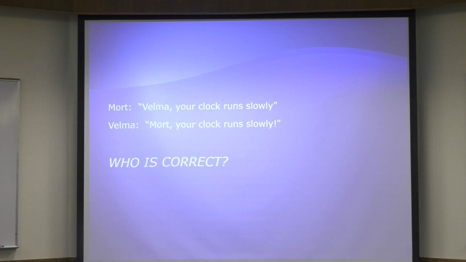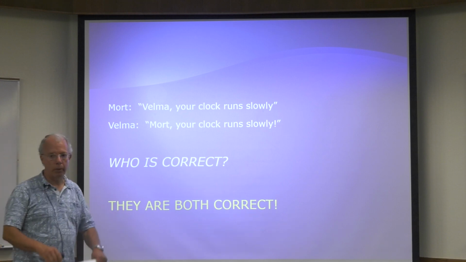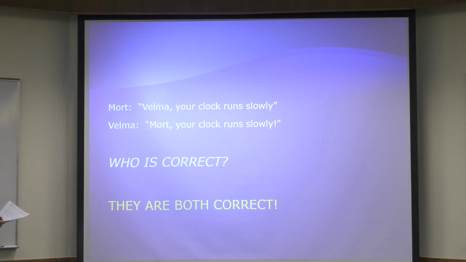Mort says, Velma, your clock is running slowly. Velma says, Mort, your clock is running slowly. Who's correct? They're both correct. What? They're both correct. Time is relative. There's your time and there's my time, and they're different if we're on different reference frames. Kind of weird, right?